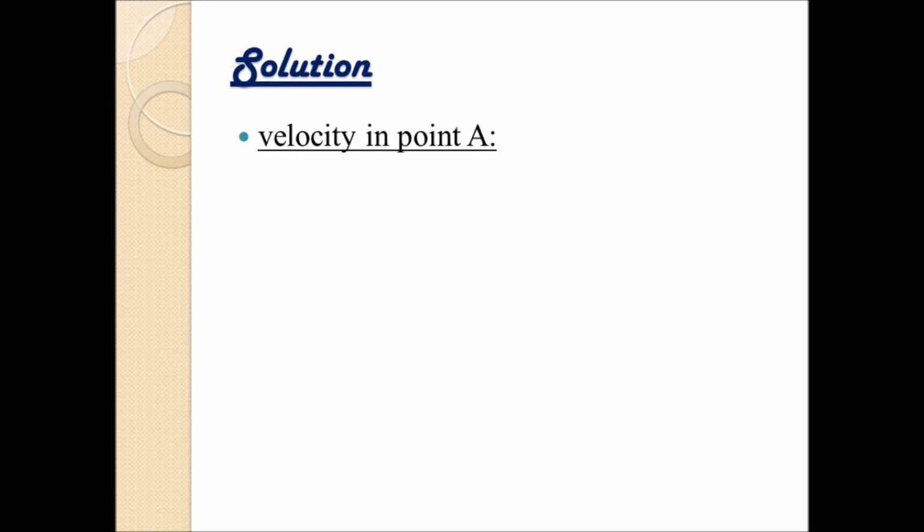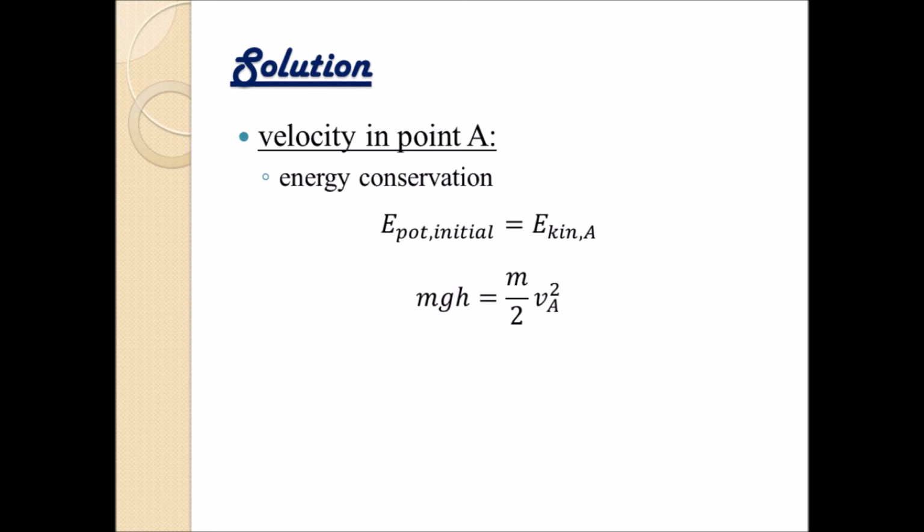And talking about a point mass that comes down from a certain height and has lots of potential energy and transfers all this energy when it comes to the lowest point into kinetic energy, we can think about energy conservation. And in case of energy conservation, all the potential energy from the start equals the kinetic energy in point A.